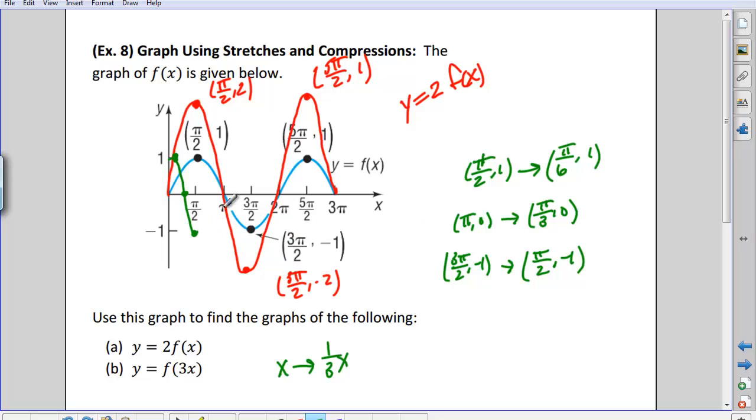If we continue this, we've got a point at 2 pi, 0. So that becomes 2/3 pi, 0, which would be like right here. 5 pi halves, 1 becomes 5 pi over 6, 1, which is like right here. And then 3 pi, 0 becomes pi, 0.